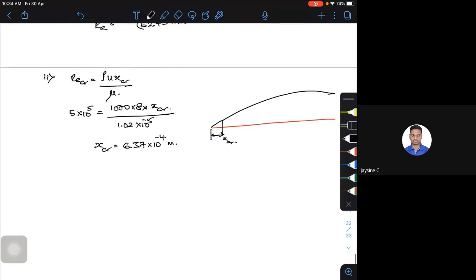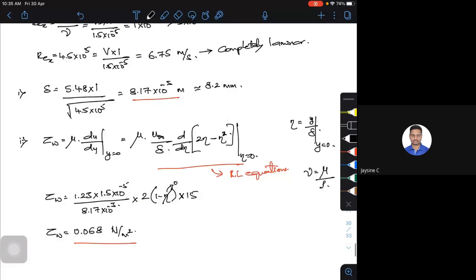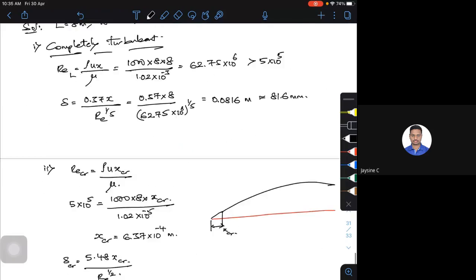Now you try to find the delta. So your delta critical at this particular point is given by 5.48 into x critical divided by the square root of RE. This is for the laminar portion.